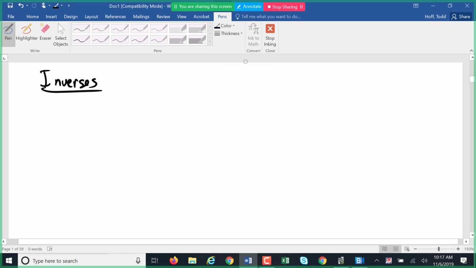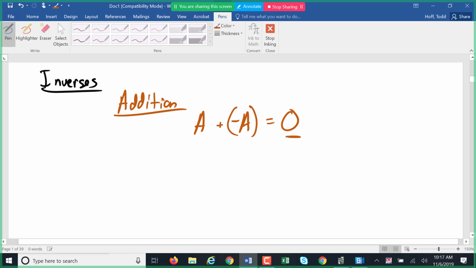So for addition, the inverse was the opposite of the number. If I add negative a, I get 0. Note that 0 was the identity element for addition. Negative a, or opposite a, is the inverse of a.